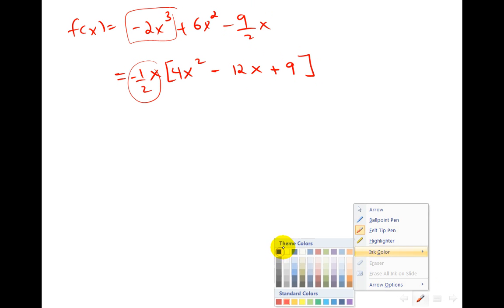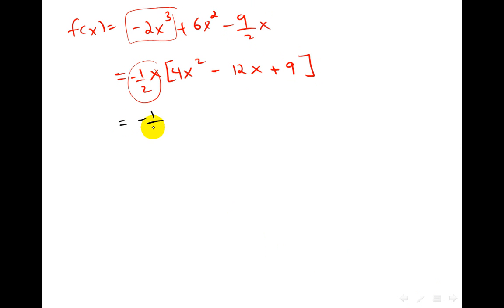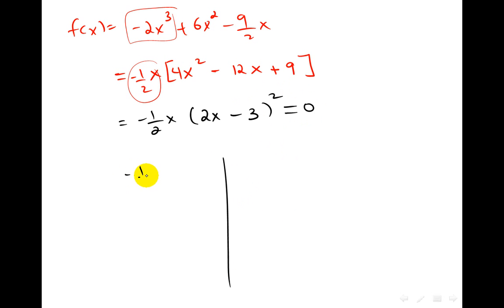Now minus half of x, by the way, this is a perfect square. It's a perfect square of 2x minus 3 the whole squared. So now just make it equal to 0, because we're talking about zeros of functions. You will have two possibilities, where minus half of x equals 0, or 2x minus 3 equals 0, or again 2x minus 3 equals 0, because they are twice.